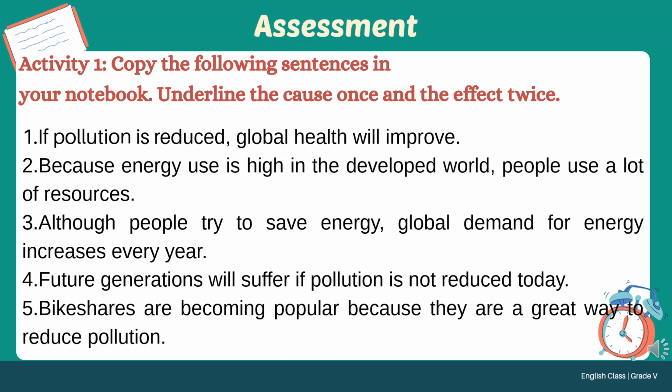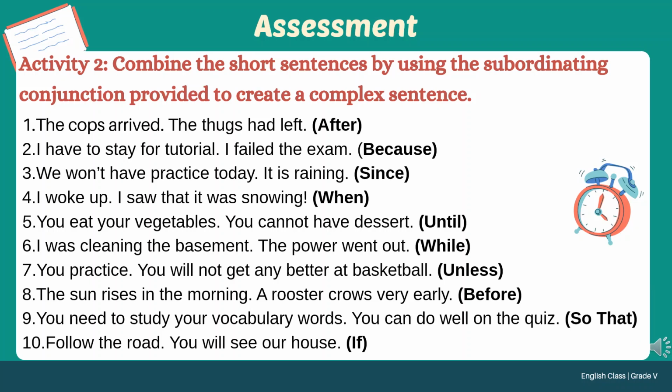For the assessment, Activity 1. Copy the following sentences in your notebook. Underline the cause once and the effect twice. For the Activity 2, combine the short sentences by using the subordinating conjunction provided to create a complex sentence.